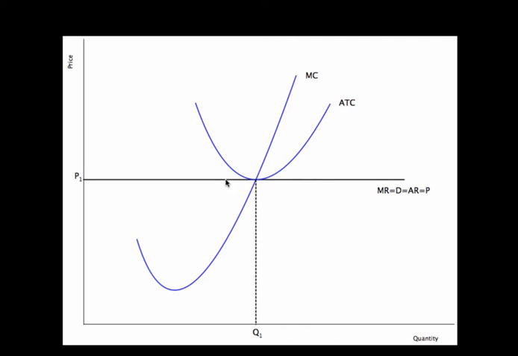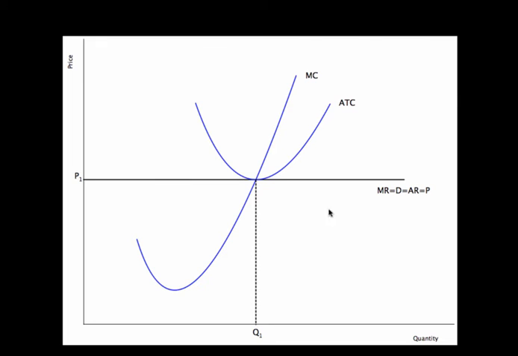And so for a perfectly competitive firm, selling all of its output at the same price means that marginal revenue equals the price. And average revenue is just total revenue divided by quantity. It's just the per unit revenue. And since we're selling every unit at P1, average revenue is also equal to the price.